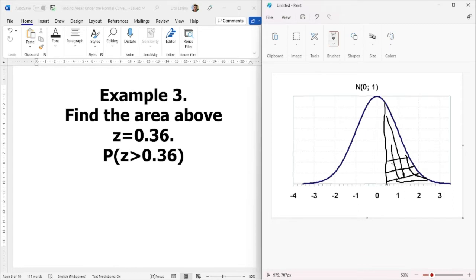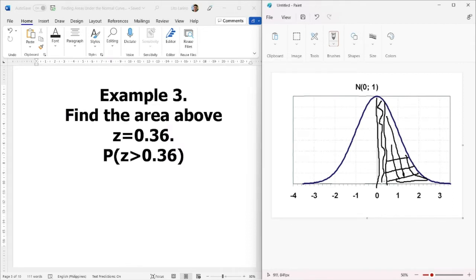Now, to do that, remember that this half is equal to 0.5, and we know using our standard normal curve areas table that we can determine this area.